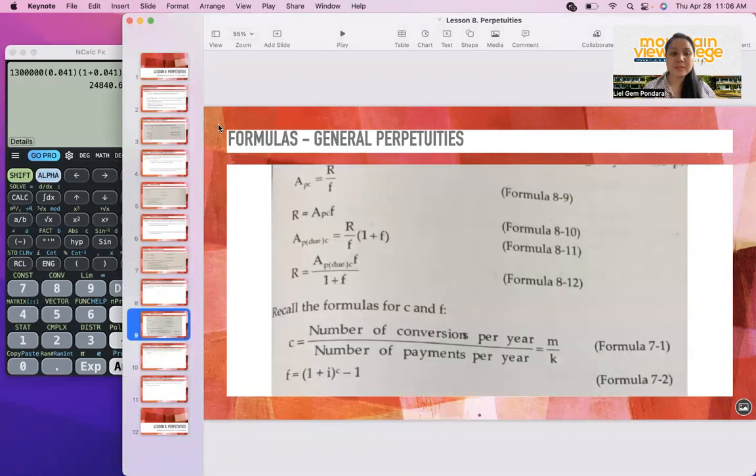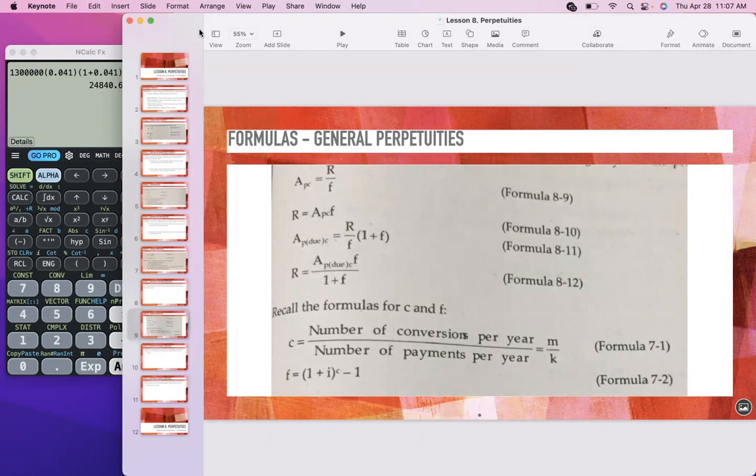The last example is on computing general perpetuities. So these will be the formulas. Remember that a general perpetuity happens when the payment interval is different from the conversion period.